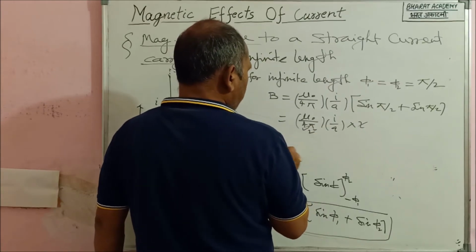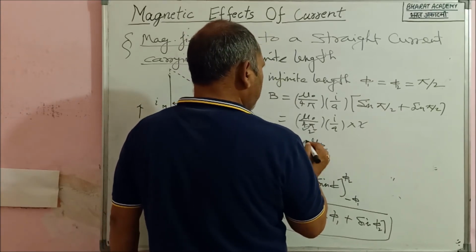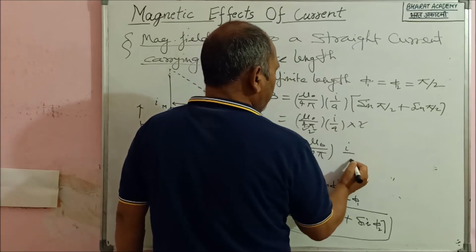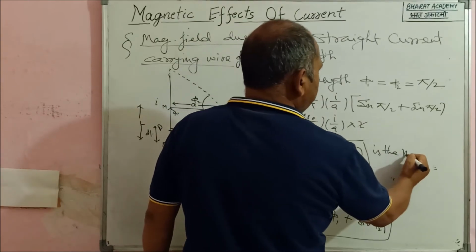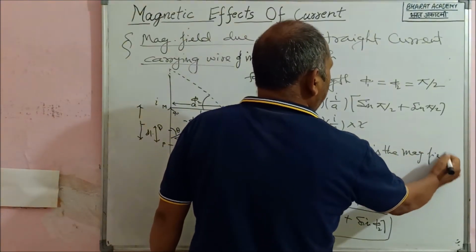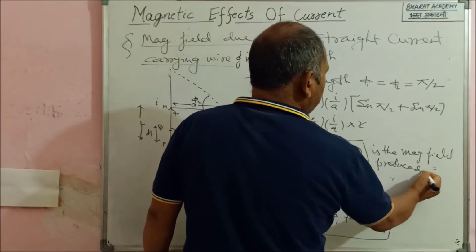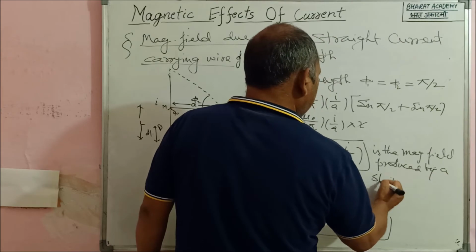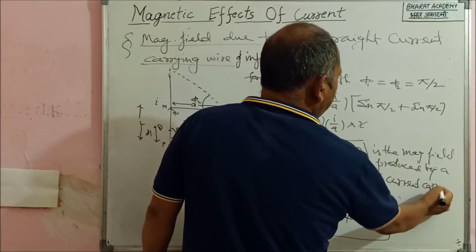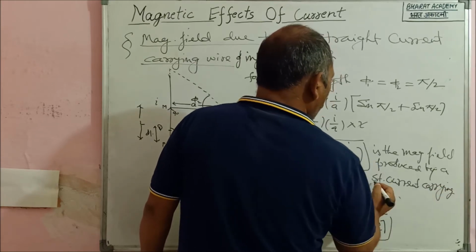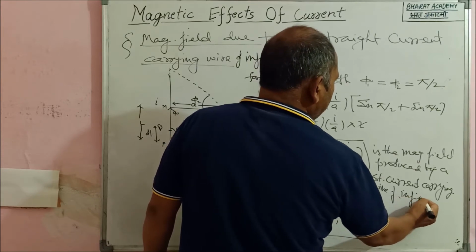2 and 4, pi is there. So B is the magnetic field produced by a straight current carrying wire of infinite length.